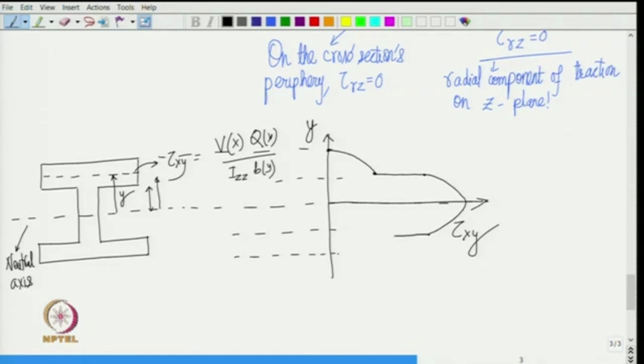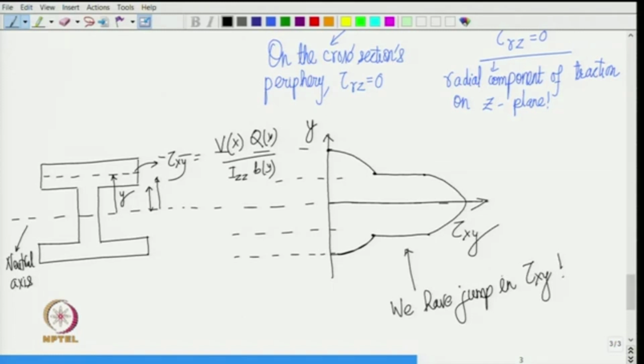Okay. There is again a jump and then symmetric. So, in this case we have jump in tau x y, all right.